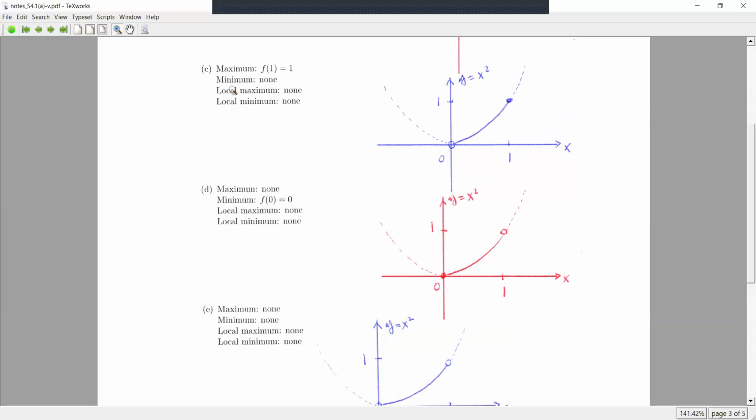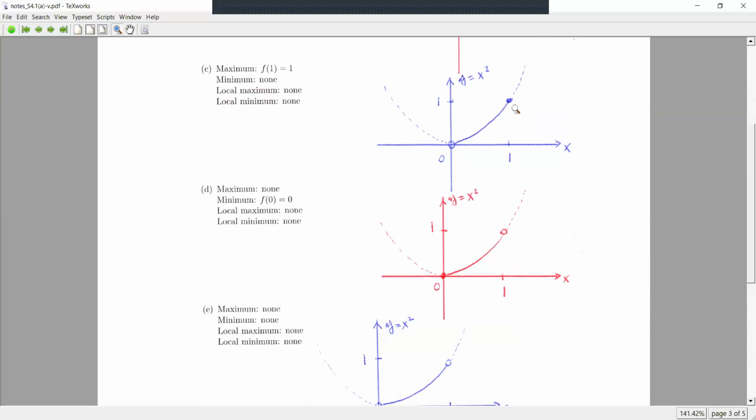How about global minimum? About this portion, this point, globally, it is the lowest point, but this point is not part of this portion because there is an open dot there. So no minimum function value. Local maximum. This point locally maximum, but this point is an endpoint.